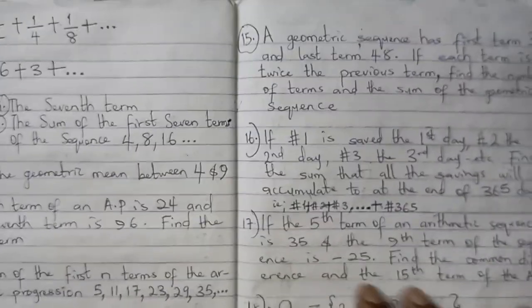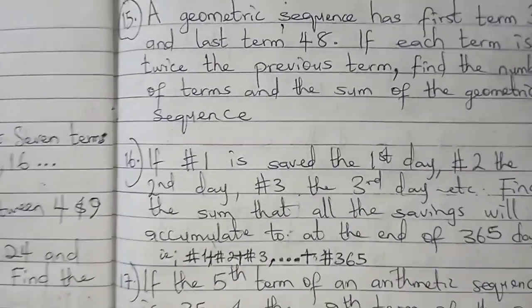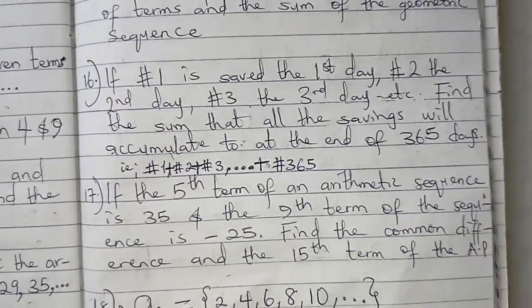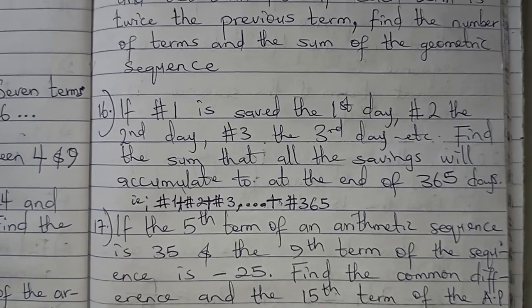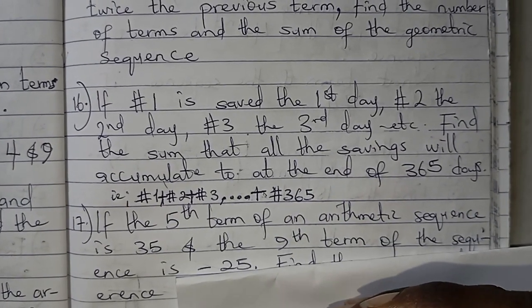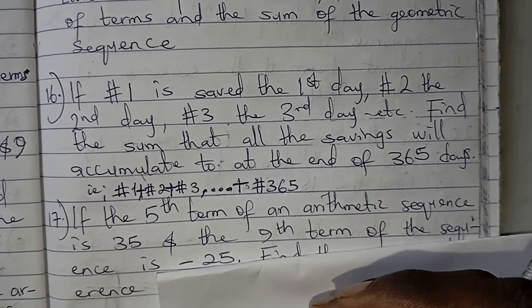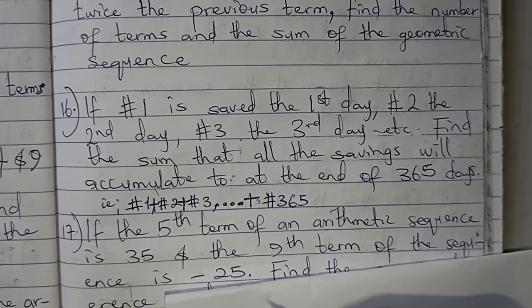Question 16. If 1 Naira is saved the first day, 2 Naira the second day, 3 Naira the third day, etc. Find the sum that all the savings will accumulate to at the end of 365 days.